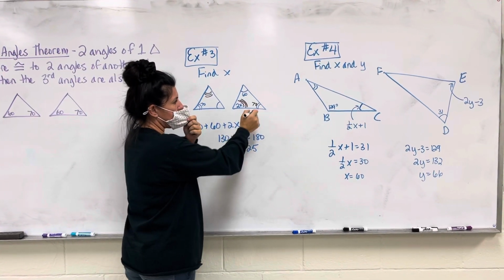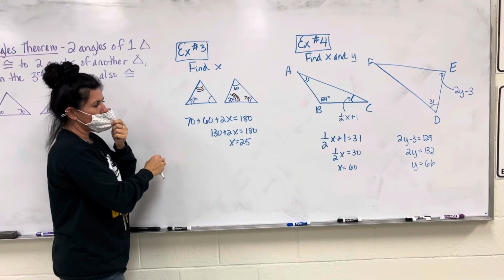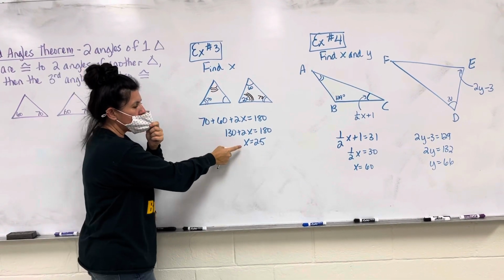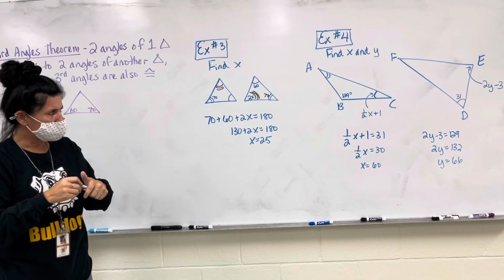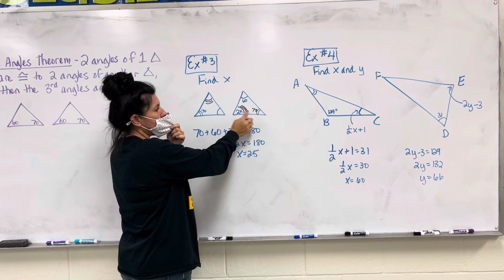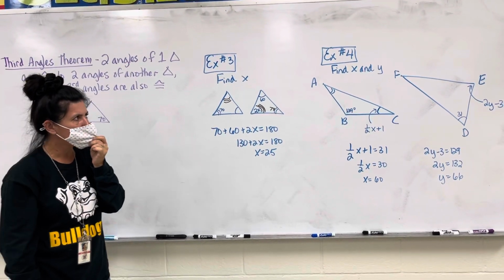So this is 70. 70 plus 2x plus 60 equals 180. This is in a different order, but that doesn't matter. Then when you solve it, you find x is 25. The reason why I'm allowed to move that 70 over is really because of the markings. And we know that it has to add up to 180.